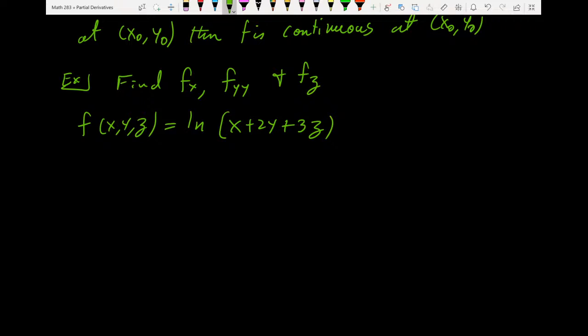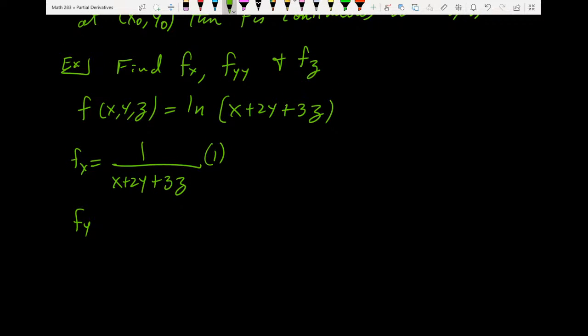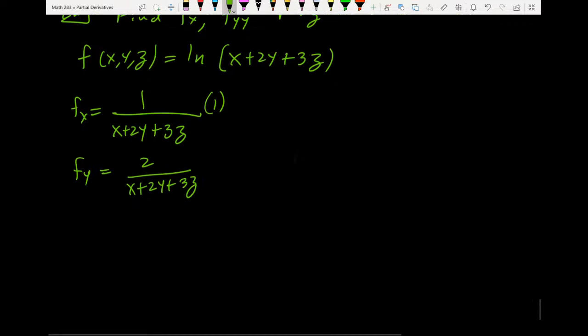Okay, so let's look at it. F sub x, what is it, guys? And what's the derivative of x? 1. Done. F sub y gives you what? Two over x plus 2y plus 3z, right?